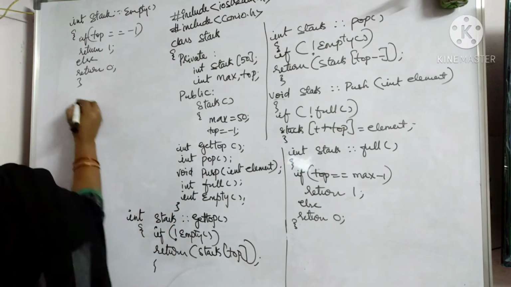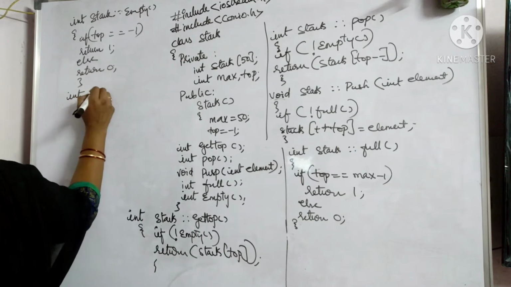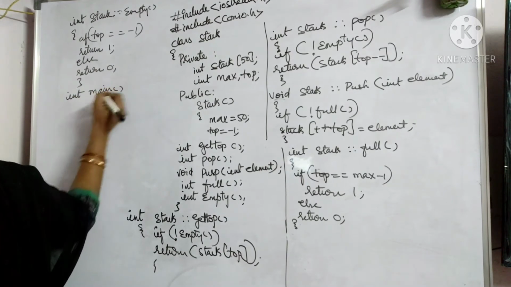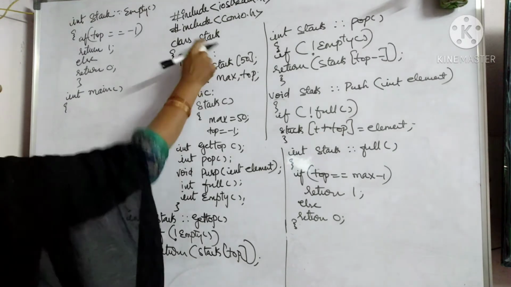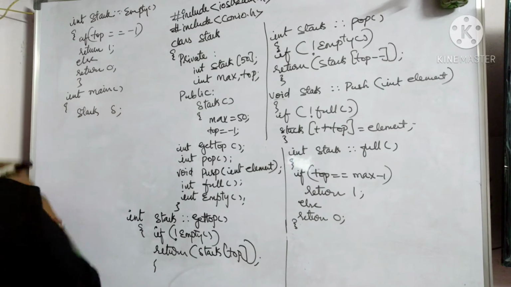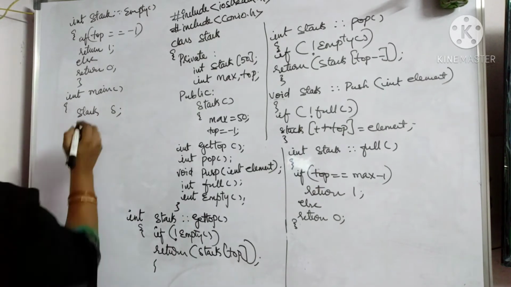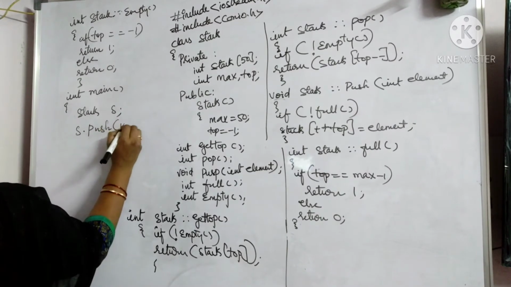Now let us write the main method here. Int main. Then here I need to create an object of the class, that is stack. Suppose S is the object here. Now I am using S dot push 10.